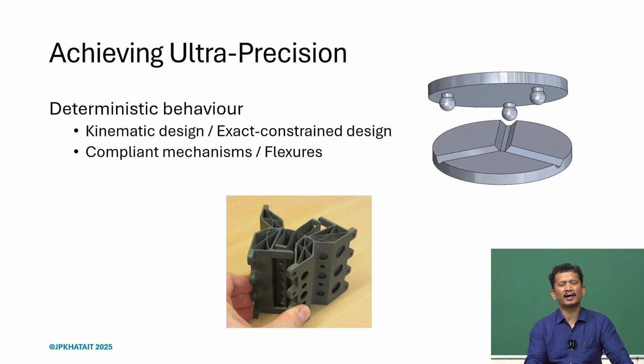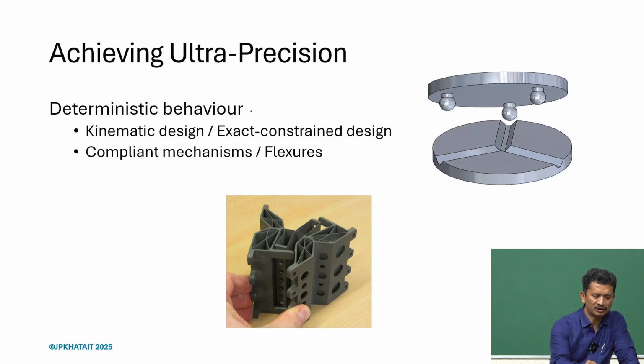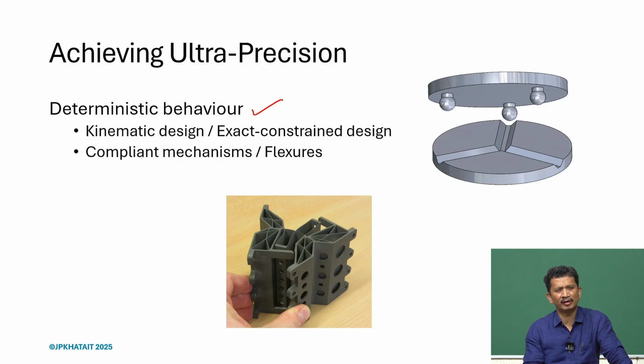So what we understand is that what is important, if we really want to build these systems, is to have deterministic behavior. If we want to achieve high precision, or call it ultra precision, there should not be any randomness.